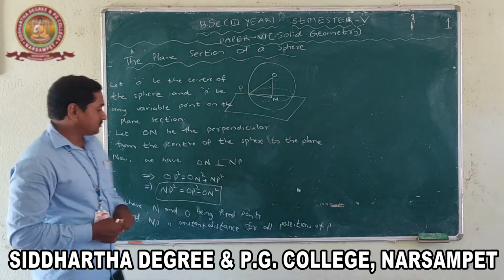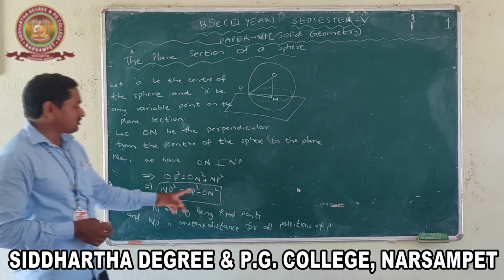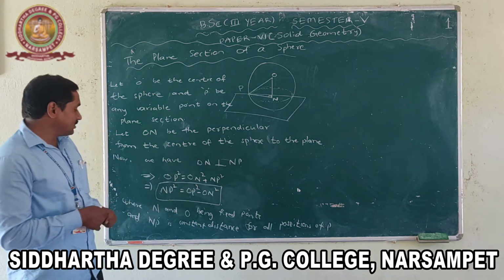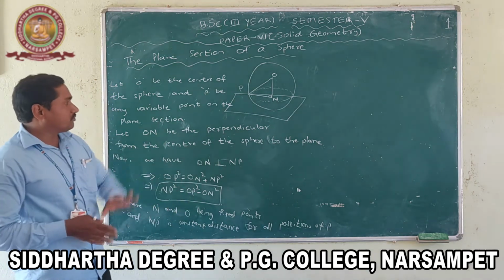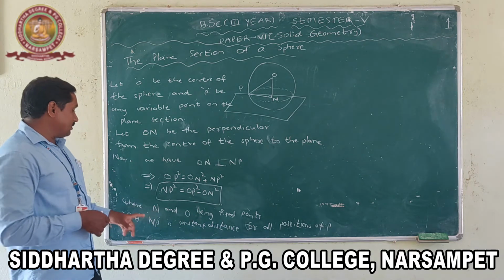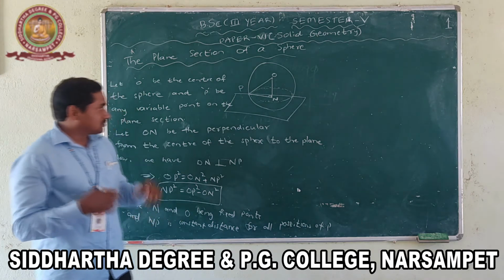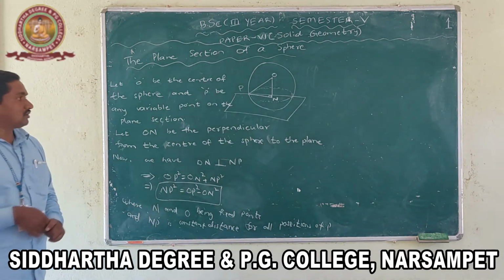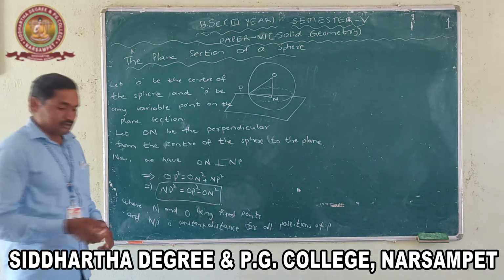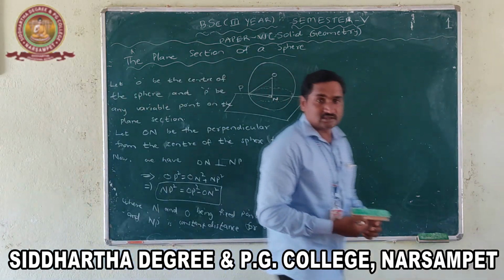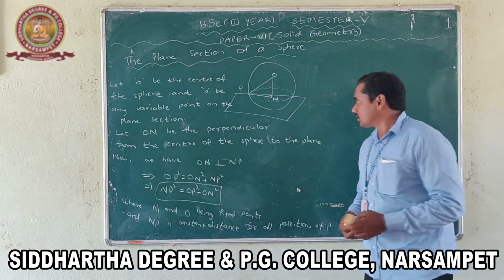From there, NP square equals OP square minus ON square. N and O are fixed points and NP is a constant distance for all positions of P. Hence the locus of P is a circle whose center is N and radius is NP.